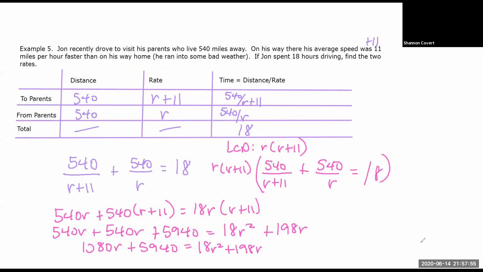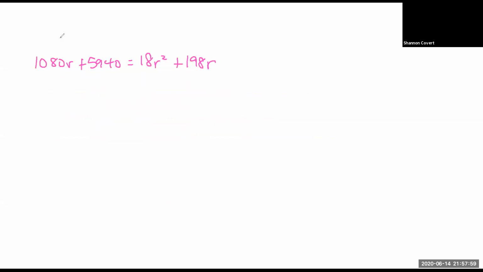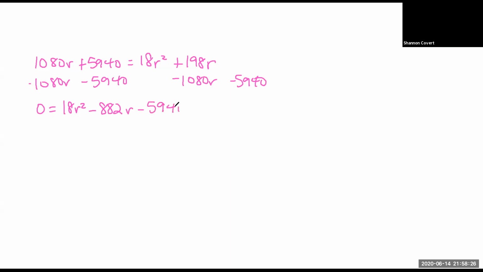There's where it was. I've got an R squared term, so I'm going to set this equal to 0. So I'm subtracting the 1,080R and I'm subtracting the 5,940 from both sides. It leaves me with 0 equals 18R squared minus 882R minus 5,940.